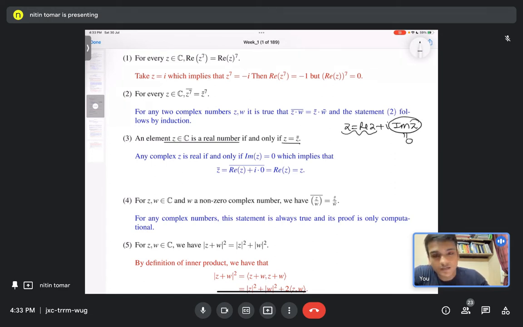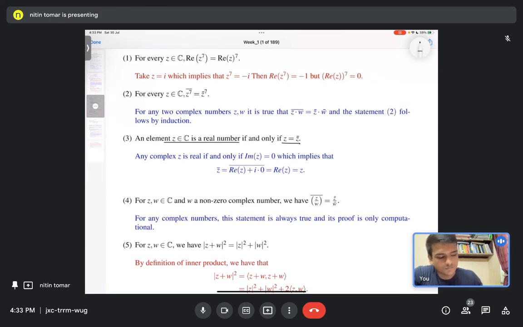If z is equal to the real part of z, then z bar will be the conjugate of the real part of z. But because the real part of z is a real number, its conjugate will have no change. So this will be the real part of z, which is z itself.